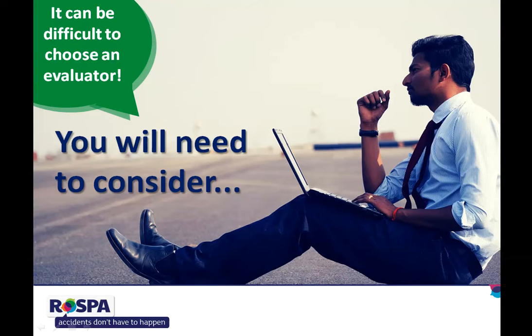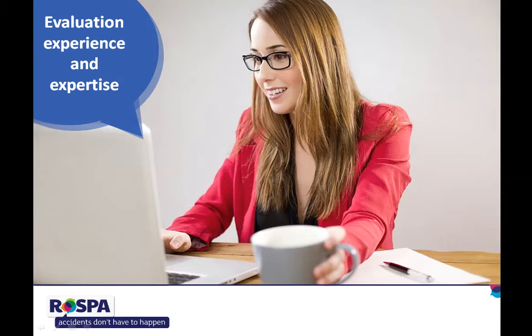Once you have decided that you would like to hire an external evaluator, it can be difficult to choose which evaluator you would like to hire. Alongside the proposal, there are a few things that you should bear in mind when deciding who you would like to evaluate your intervention. These considerations could include evaluation experience and expertise.